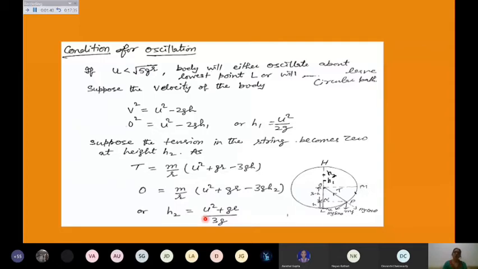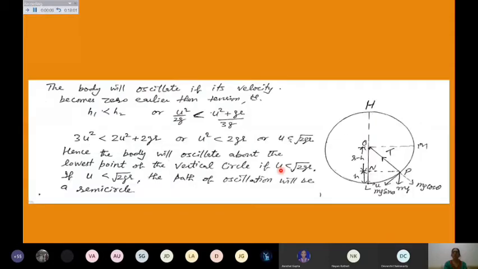So I am getting the expression for h1 as well as h2 by assuming that at some height h1 velocity is becoming 0 and at some height h2 tension is becoming 0. If this is clear, then you can say that the body will oscillate at the lowest point if velocity becomes 0 earlier than the tension.